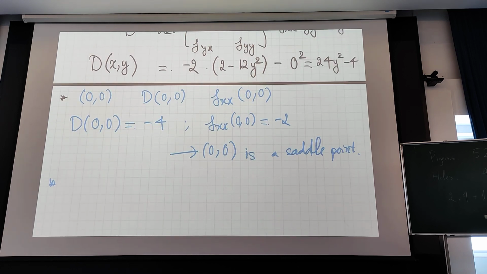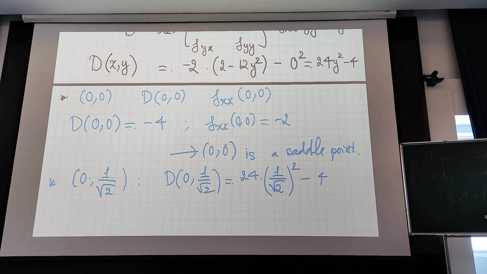The second point, (0, 1 over square root of 2). The discriminant is equal to 12 multiplied with 1 over square root 2 whole squared minus 4, right?